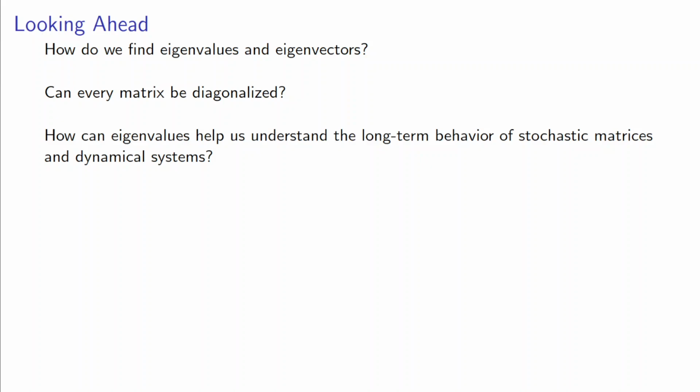What we're also going to see in this chapter is finding eigenvalues and eigenvectors. So far, we've just been told, hey, here's a matrix, here's the eigenvalues and eigenvectors, right? But we're going to explore how we actually do that algebraically. And then, can every matrix be diagonalized? We're going to ask that question: can this always be done?